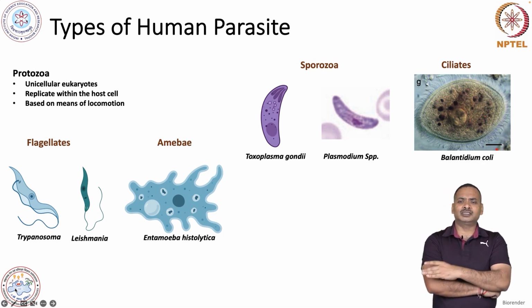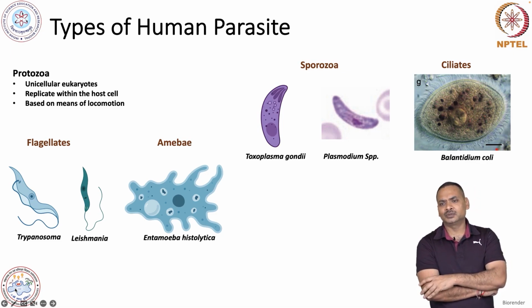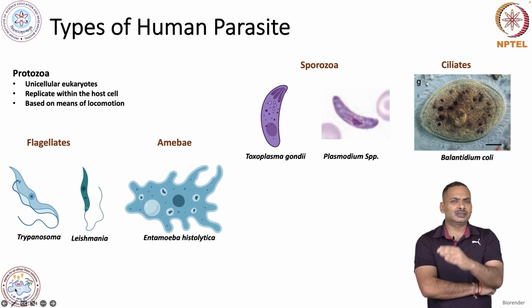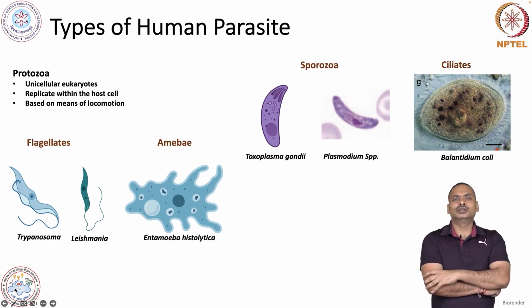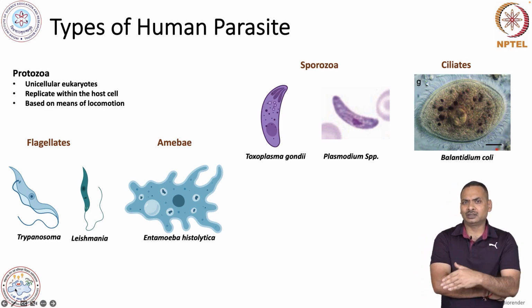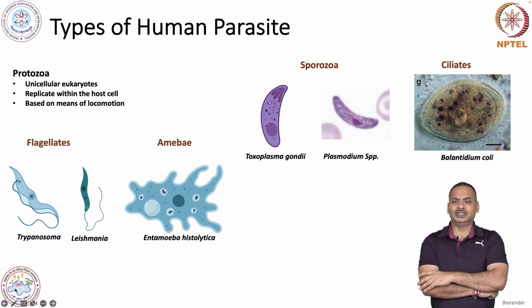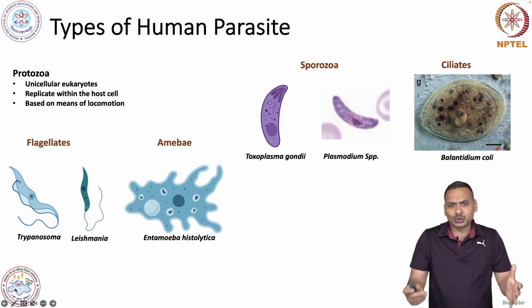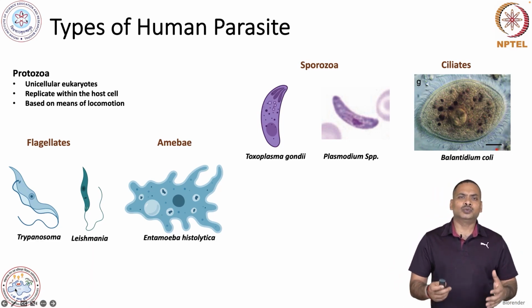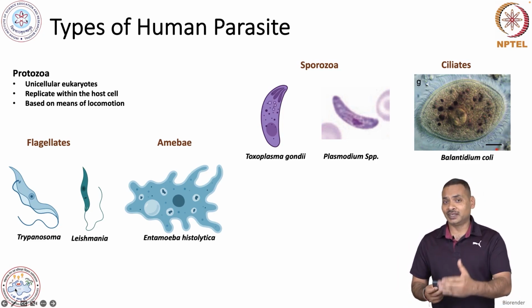The one best example is Balantidium coli. This causes a disease, but this disease is quite rare, so we are not going to discuss anything about Balantidium coli. I'm just showing it as an example of a ciliate protozoan parasite.